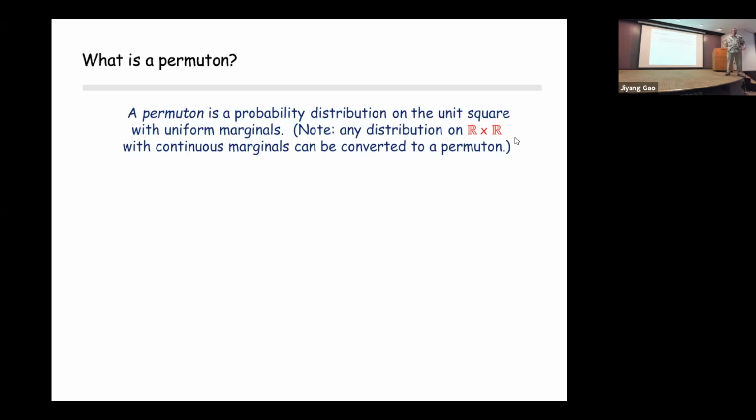And there's an old theorem called Sklar's theorem, that applies to statistical objects called copulas. Copulas are just permutons, except that they could be higher dimensional as well, and they're useful in statistics. And Sklar noticed that no matter what distribution you have, you can make a transformation to change it to a uniform distribution.